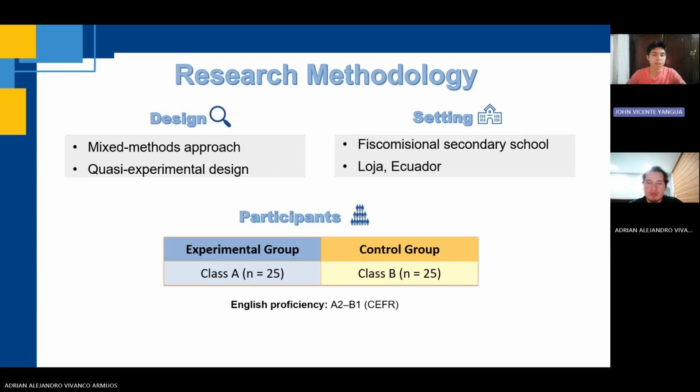These codes replace students' names throughout the data collection, analysis, and presentation of results. Once the participants had been selected, the research was carried out throughout a 4-week instructional intervention that included explicit instruction on cohesive devices.